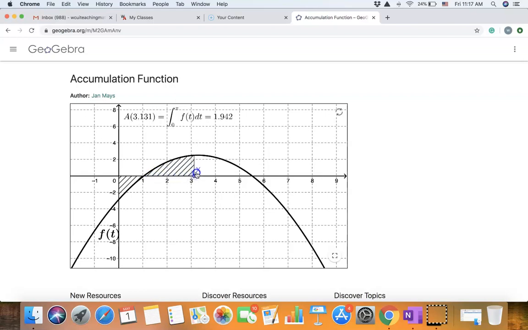And once it passes this point, since the graph of f of t goes down, we start getting negative areas. So the function value will start decreasing again.